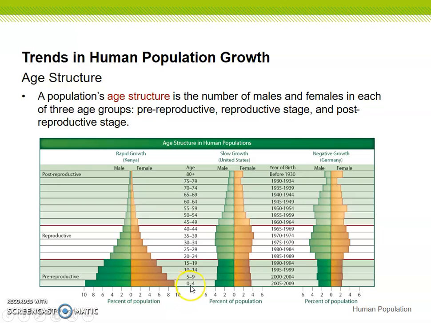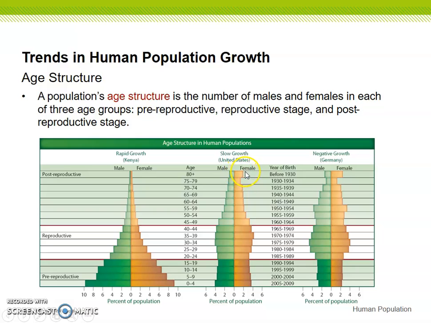It also breaks it down into increments of 5, so that you can see if there was a baby boom, if one year a lot of babies were born and then the next year fewer. It gives you an idea of the birth and death trends.